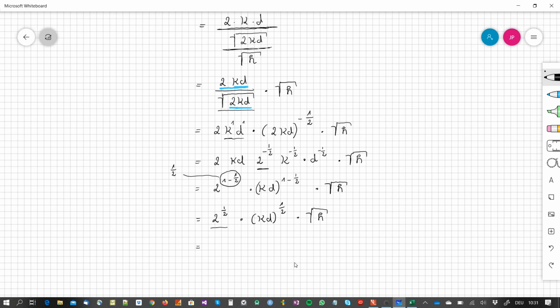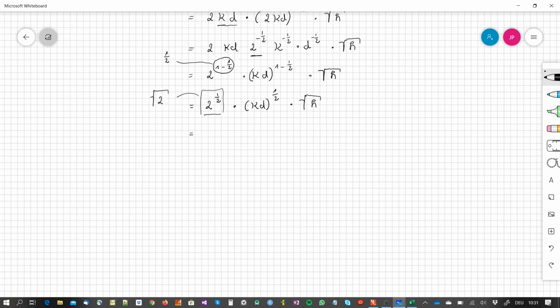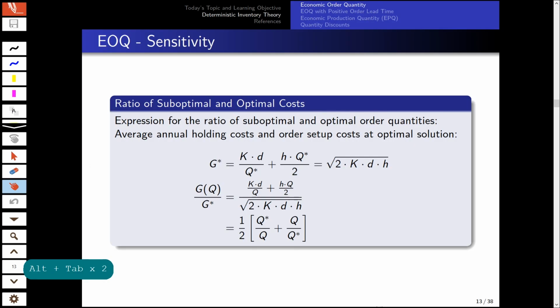And well, this is nothing else, we can express them as square root of 2. So we can put them all together in square roots, and then this becomes 2 times k multiplied d multiplied h in one square root. And this is what we have in our lecture slides, which is this term. Now you know how to derive this term, or how to come to it.